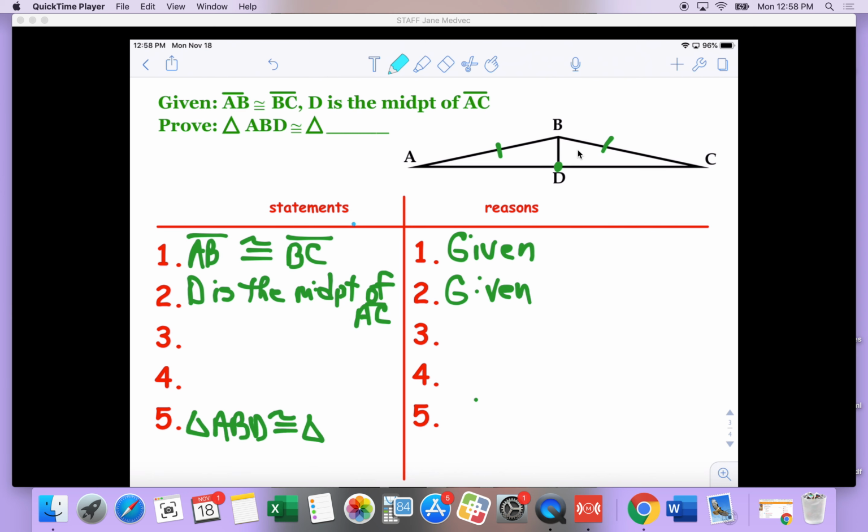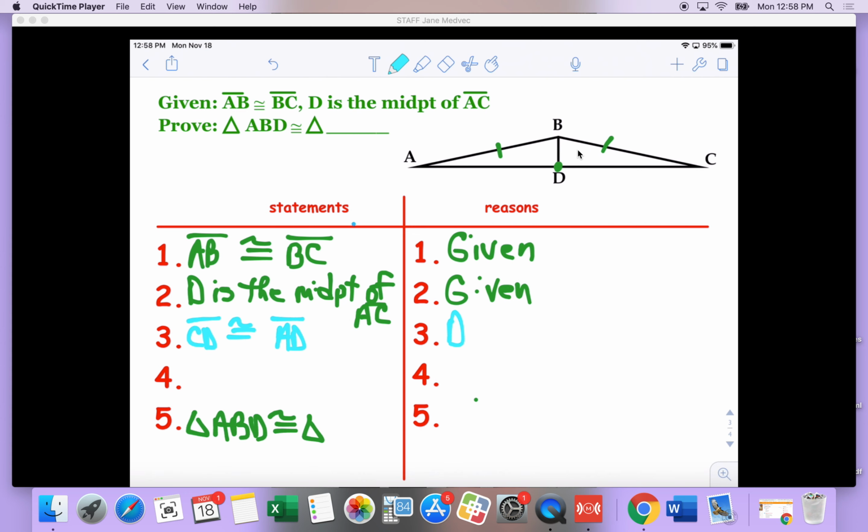Okay, so what do you think? What do you want to do next on the proof? What do we want to show as far as congruence goes? CD, okay, CD is congruent to AD is correct. And what is the reasoning? Very good.